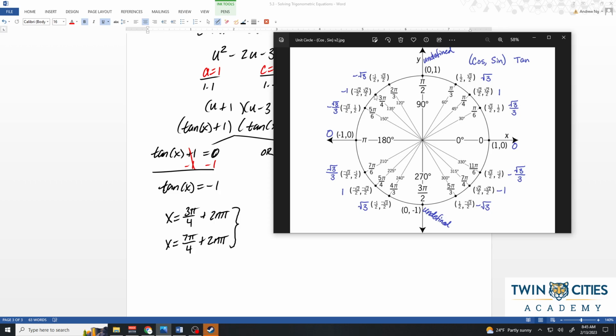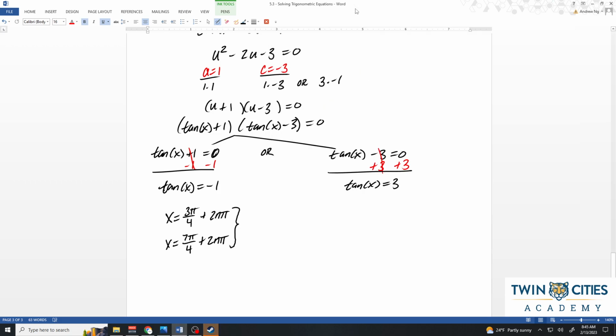So instead of saying 3 pi over 4 plus 2n pi and 7 pi over 4 plus 2n pi, I'm simply going to say this is the same as saying x equals 3 pi over 4 plus n pi, not the 2n pi. This is saying every time I go around half a circle, because half a circle is 1 pi, not 2 pi, I'm going to hit one of these two solutions.